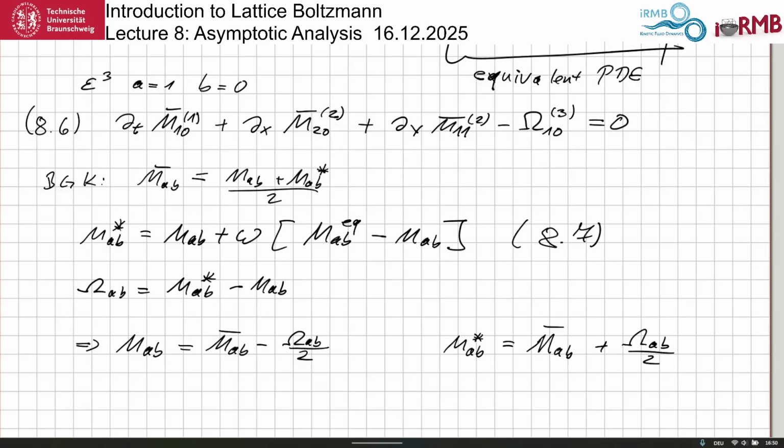So when we do this, we can use 8.7 to do all the replacements. So we are plugging these things here in this equation up there, right?